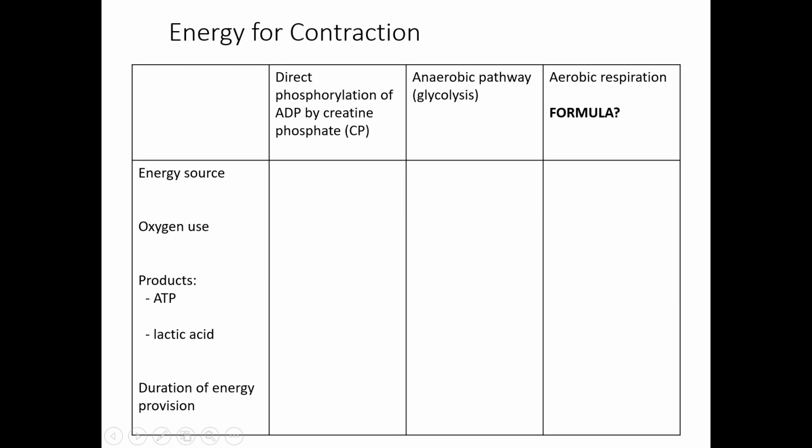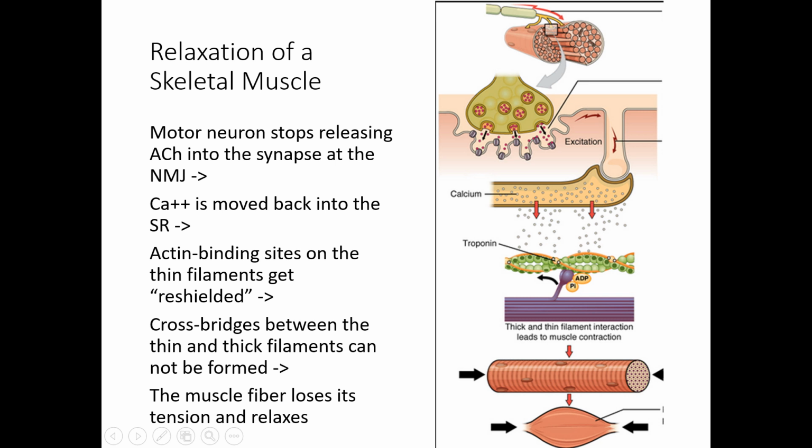Will lactic acid be produced? Yes. And how long will it take to produce energy? 1 minute. Please write it down. Write down for creatine phosphate, also for aerobic respiration, and memorize. And that table is everything you need to know for your exam about energy.